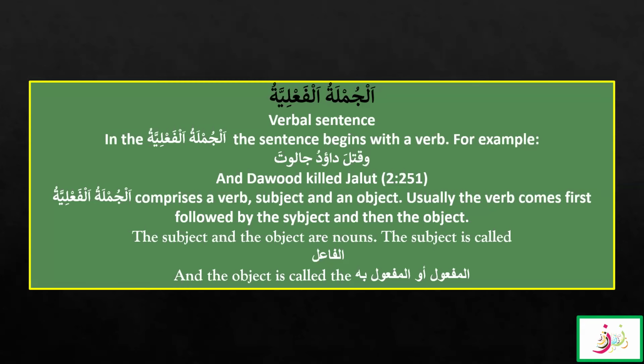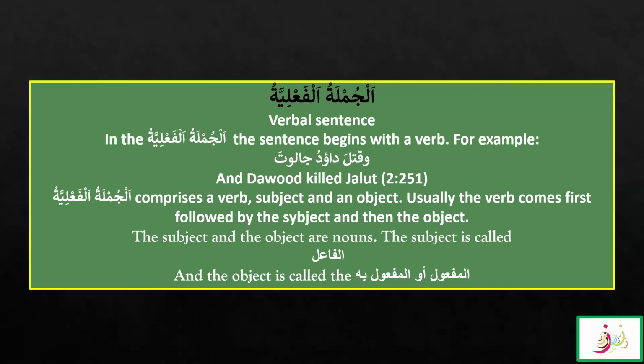Jumla fa'liya example begins, as we know, with the verb. وَقَتَلَ دَاوُدُ جَالُوتَ. We know that the fa'il should be in the state of marfu, in the state of rafa. That is why you can see a damma on Dawood, because Dawood here is a fa'il.